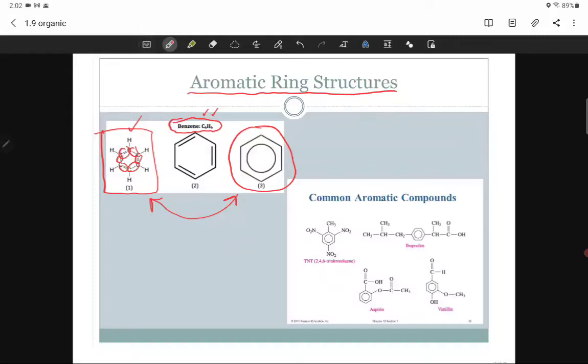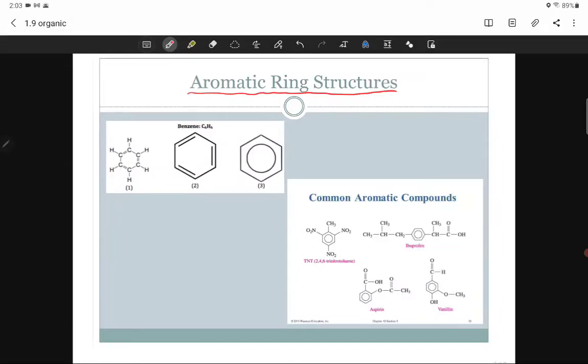It resonates between the double being in that spot and the single being in that spot. Goes back and forth between those two. And so they just kind of complete the look with that circle. So if you see a structure like that, that's a benzene ring, okay? Kind of just introducing that. We're not going to do too much with that.